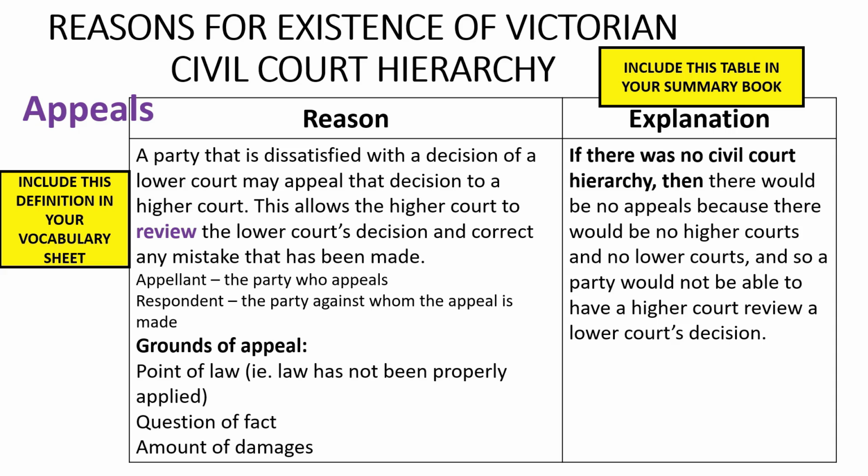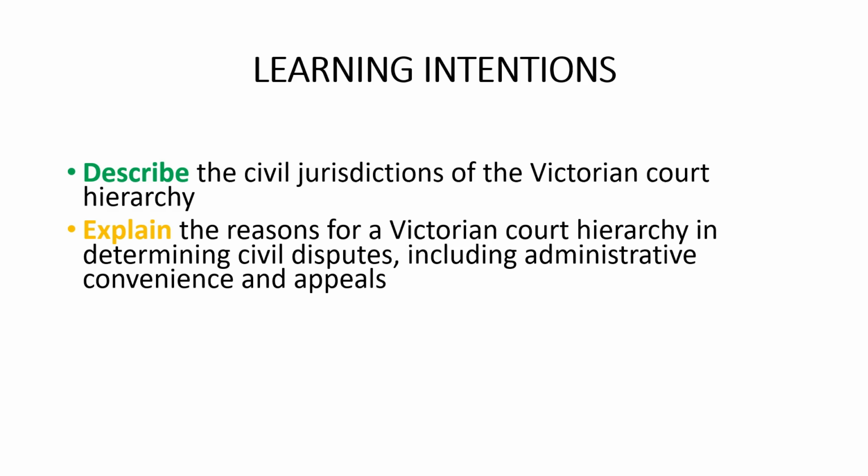Using the counterfactual, we could explain this reason for having a Victorian civil court hierarchy by saying, if there was no civil court hierarchy, then there would be no appeals because there would be no higher courts and no lower courts, and so a party would not be able to have a higher court review a lower court's decision.